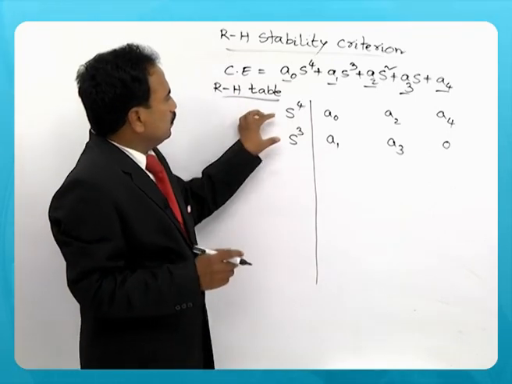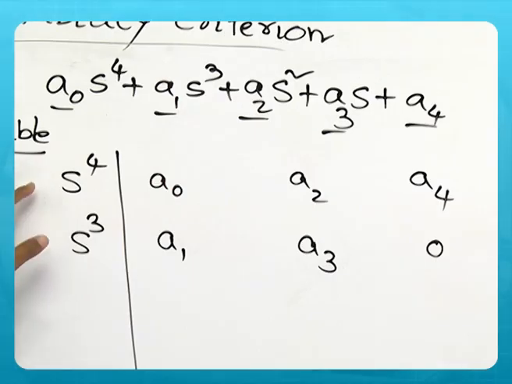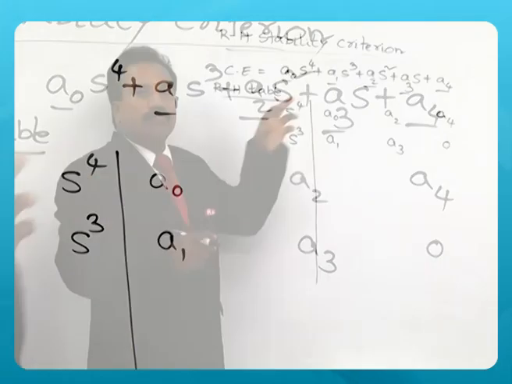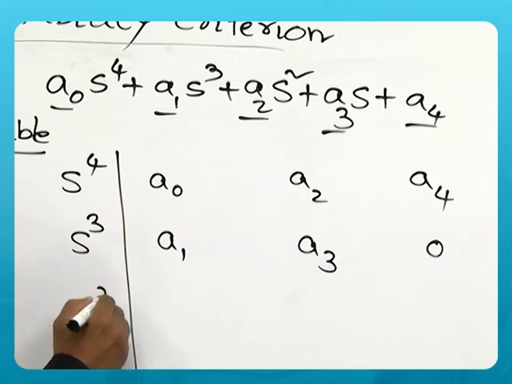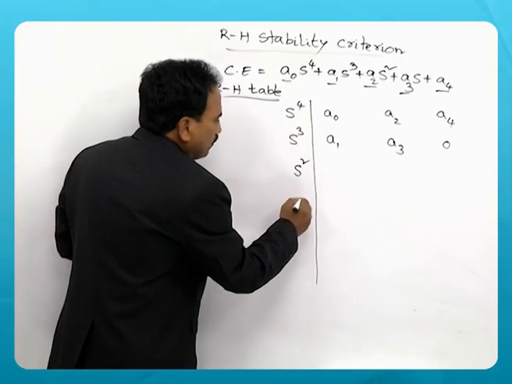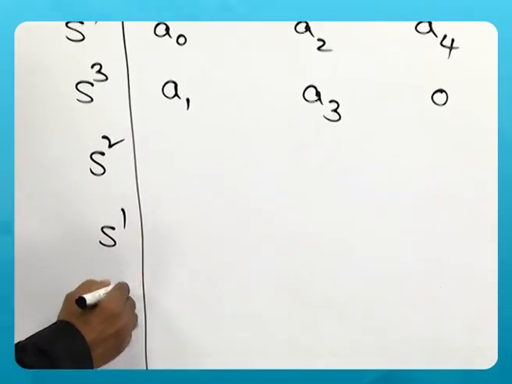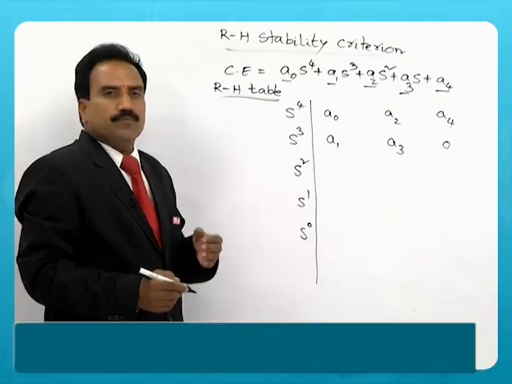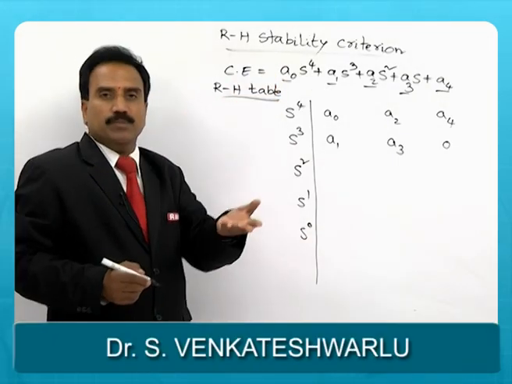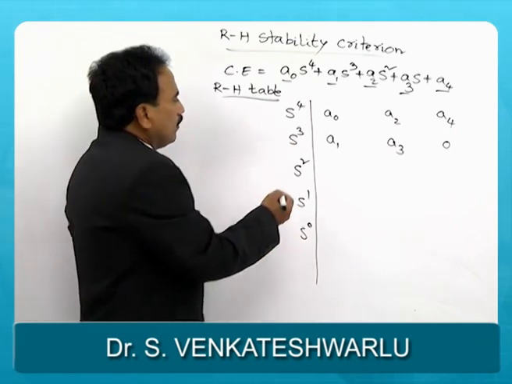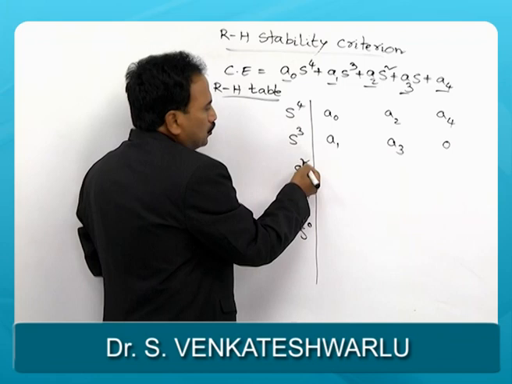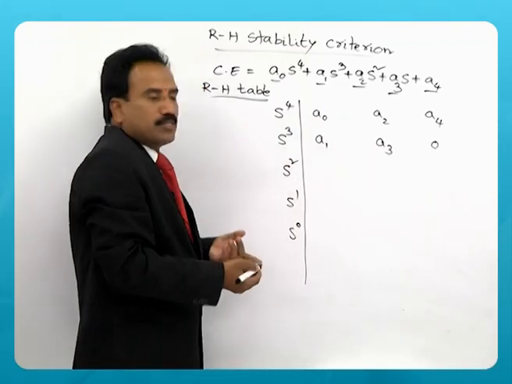So first two rows of RH table are from the given characteristic equation. Now you create an S power 2 row, S power 1, and up to S power 0. Whatever the order of the equation, you must go up to S power 0. Now how to get S power 2 row elements?